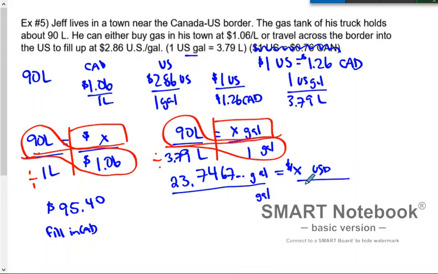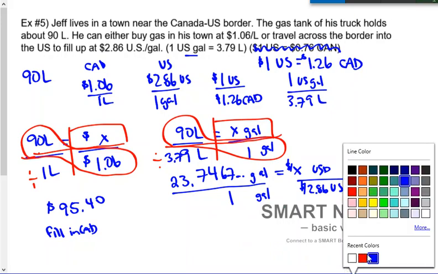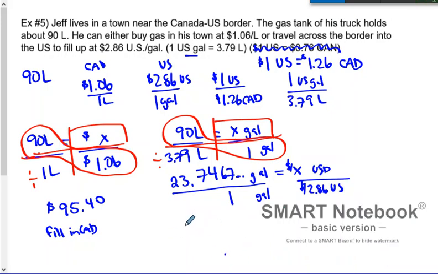So gallons to money of US. Now taking a look here, here's a conversion that'll get us from gallons to tell us how much money it's going to be. So 1 gallon is going to be $2.86 US. And we end up getting 67.915, so on and so forth, US dollars.